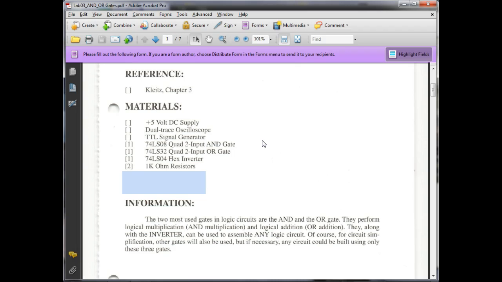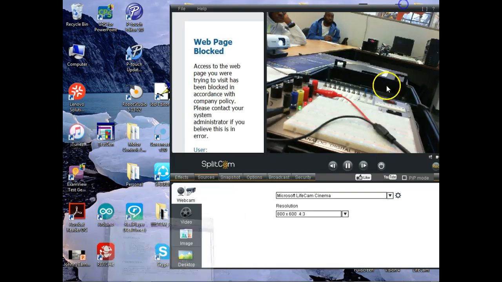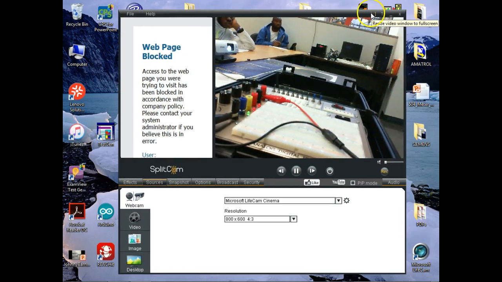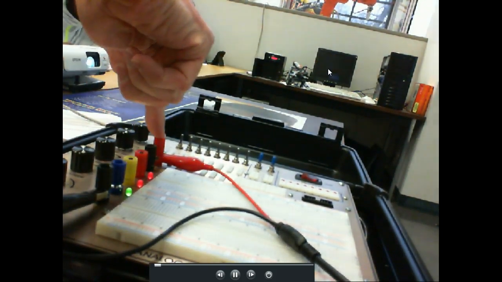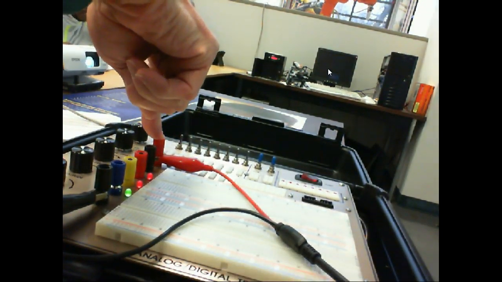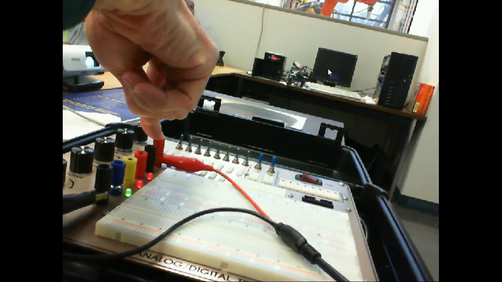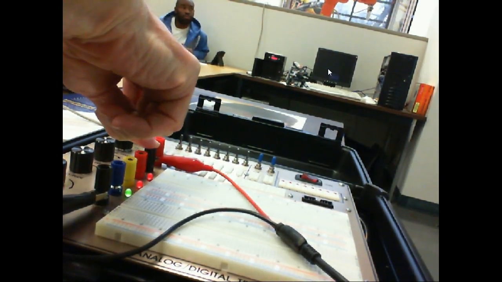TTL signal generator, we've got that on our trainer. So this is going to be this clock output right here. This is the one at the very top. It's labeled clock. So don't use the one called a generator.